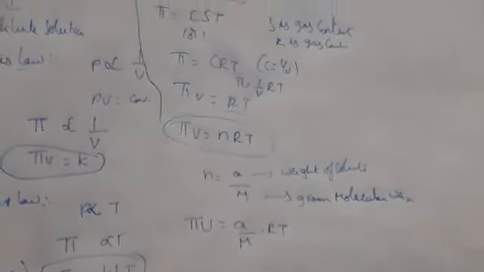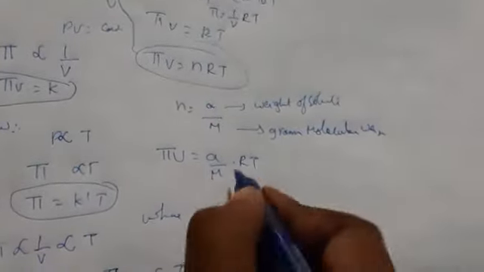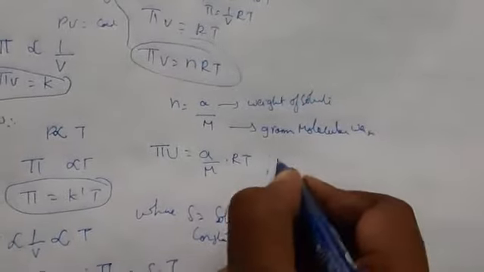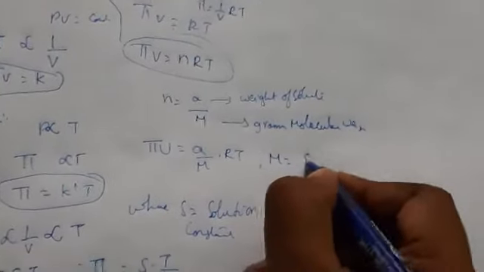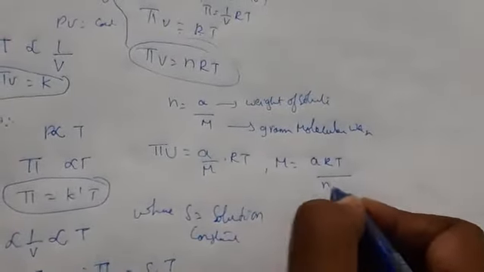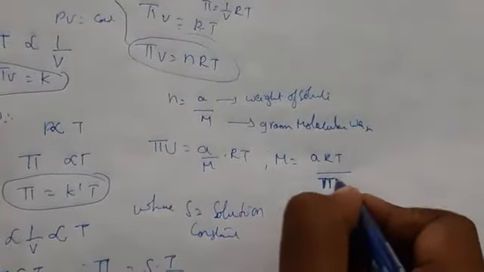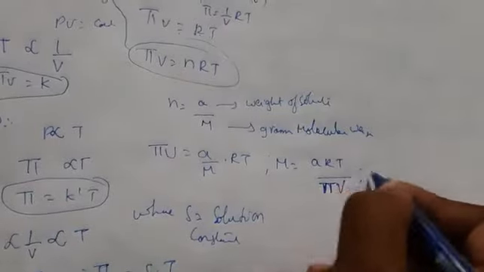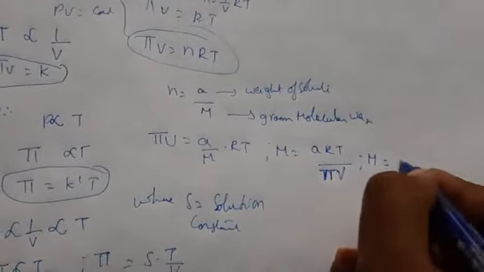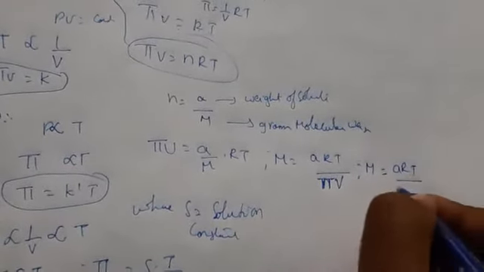To determine the molecular weight, what are we going to get here? M is equal to ART by pi V, where 1 by V is nothing but concentration. Then we can write M is equal to ART by pi into C. So this is the molecular weight of the solute to determine.